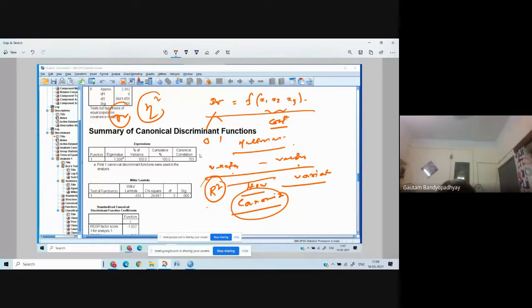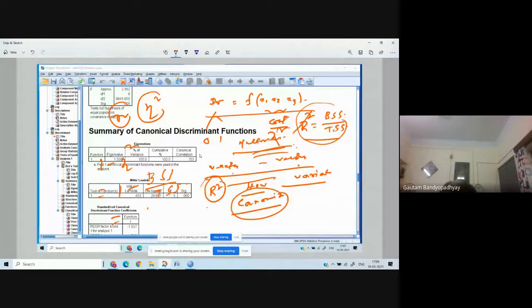Obviously, we know R square means how much is explained. That is the between sum of squares divided by the total sum of squares, as you know from the ANOVA concept. So that is R square. Here it is eta square, the canonical correlation. And 1 minus eta square is equal to 1 minus BSS by TSS, because eta square means explained and 1 minus eta square is unexplained.